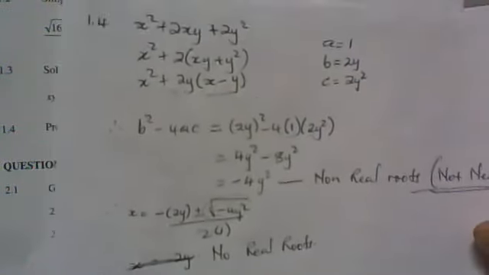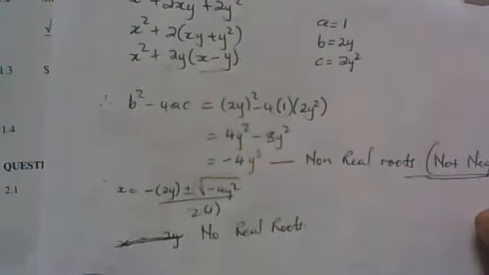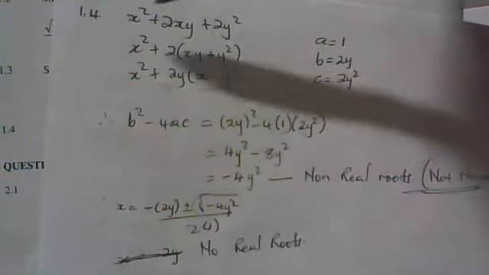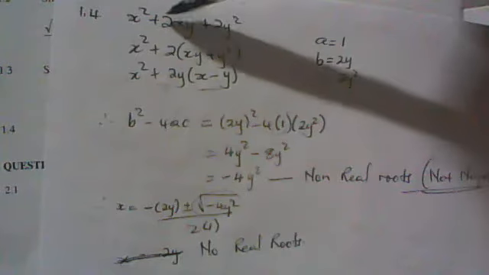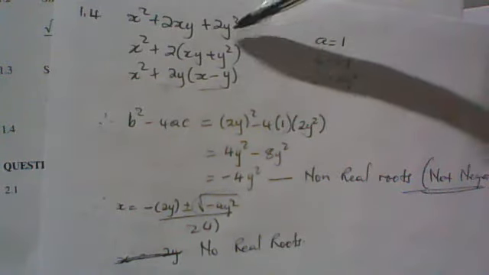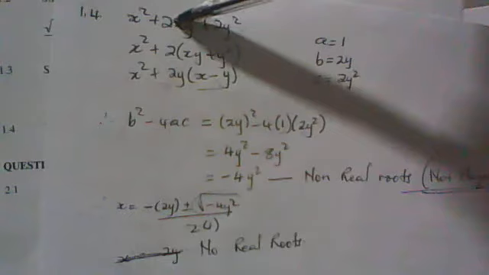I just want to show you, guys. From this, you get x squared plus 2x then plus y plus 2y squared. If you look at this, you can't go like this. I just wanted to show you what stupid mistakes we normally make. This is not going to take you anywhere.